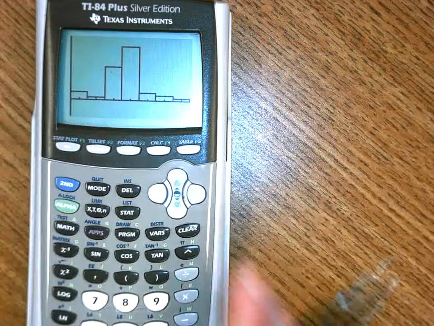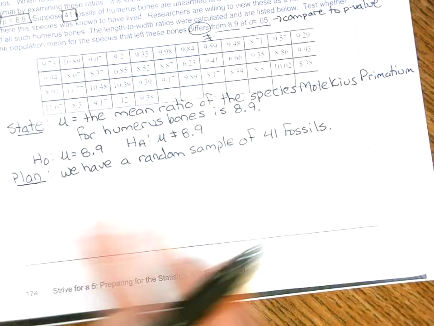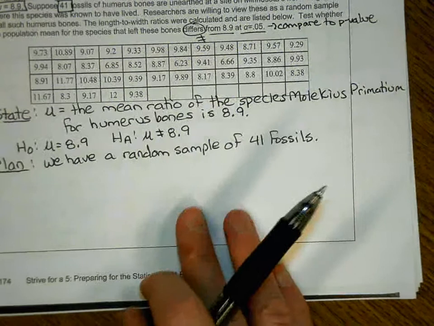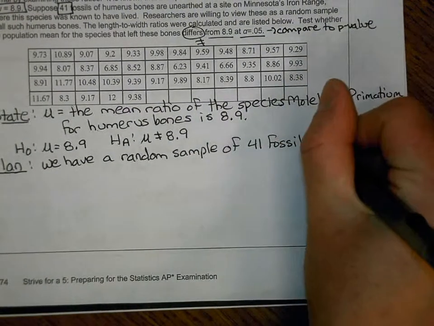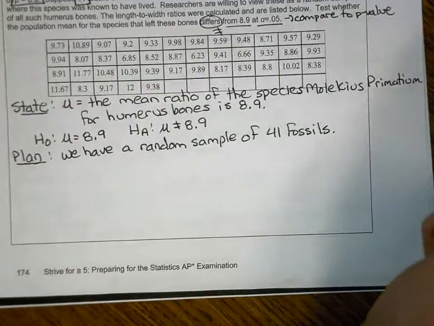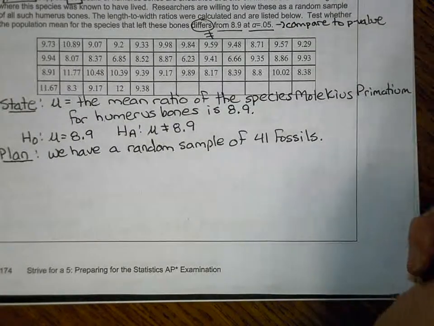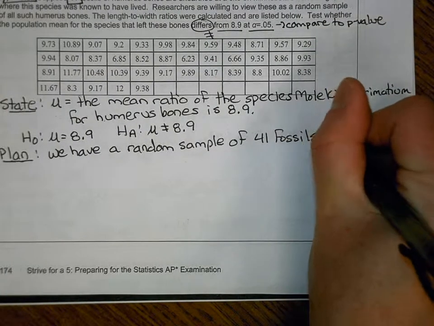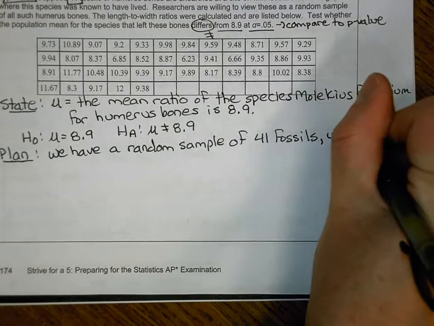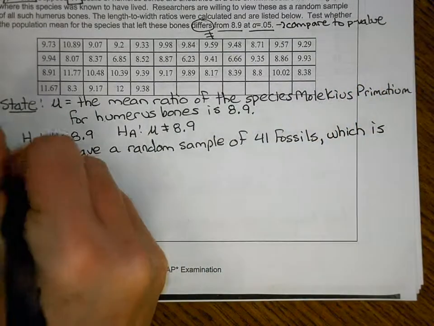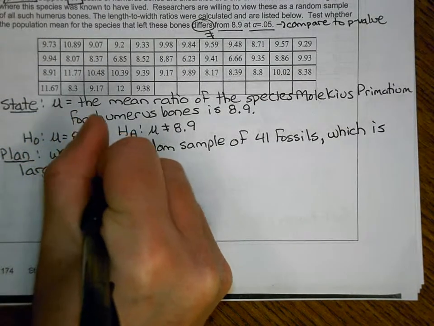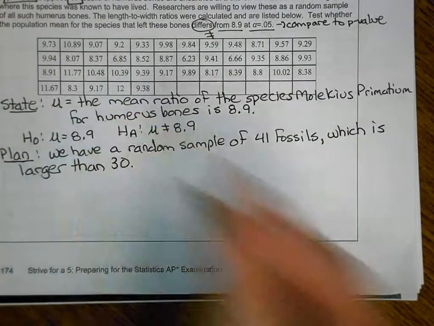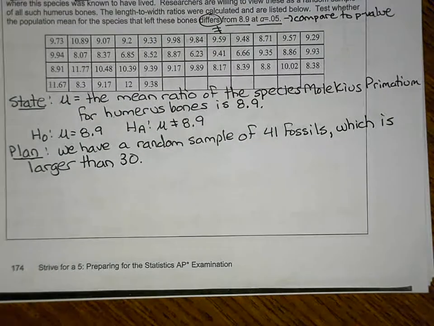I could take the time to continue on and copy this down on my paper. However, we have 41 in our sample, and 41 is greater than 30. So I'm just going to add on to the one sentence I already have. We have a random sample of 41 fossils, comma, which is larger than 30. And that's good enough.